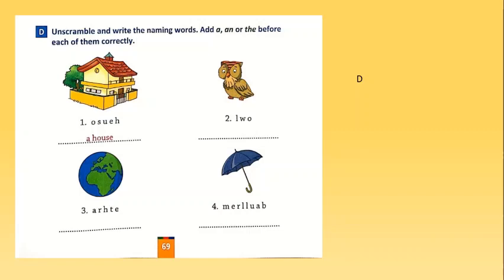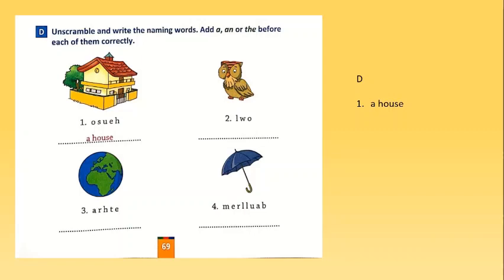Here, the first one is done for us. First one is the picture of house. And because house begins with a consonant, we use article a house. Number 2, this is the picture of an owl, but the letters are jumbled.